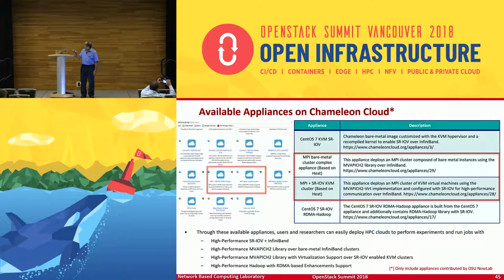Broadly, we have an MPI bare-metal cluster appliance, and we also have an MPI SR-IOV appliance. As an end user, all these things have been converted into appropriate scripts, so you just select your appliance, click, and things get deployed. All the things I indicated earlier have been converted into appliances.